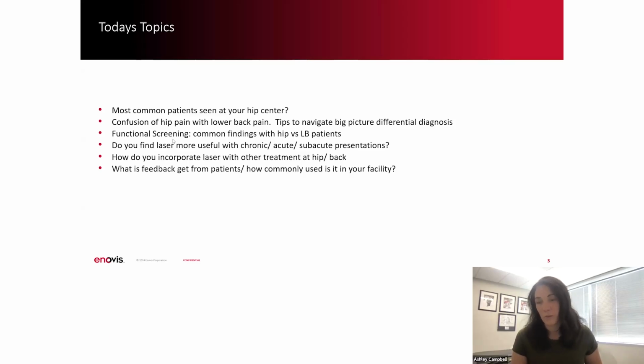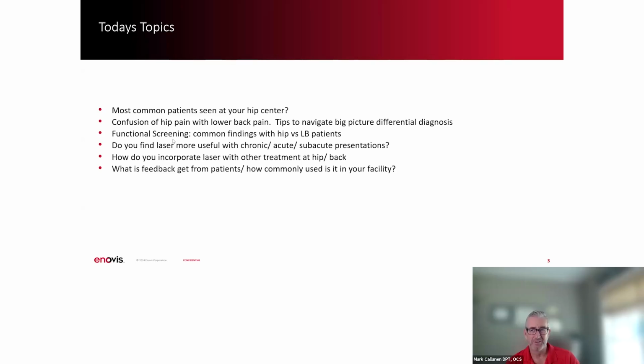Even if we used it for prep, that's okay too. We might just do it quickly at the end of the session, hoping it helps them not have as bad a DOMS, that sort of effect. And I think for especially the hip population, it's so important to have them try to walk out with a normalized gait. If they're sore or fired up from what happened in that session, they're going to go back to their old bag of tricks, and that's not helping the process.